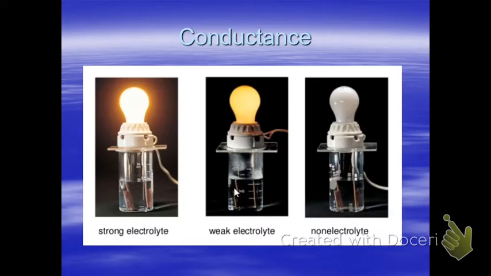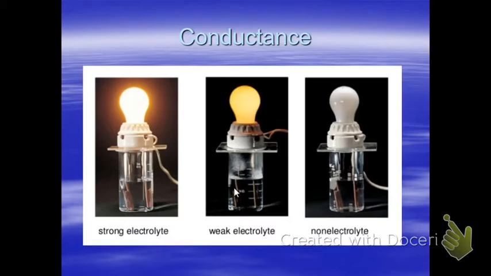That is because whatever's down in that beaker, that solution, contains a ton of ions floating around. An example of a strong electrolyte would be something like table salt, NaCl. Table salt dissolves in water and releases a ton of ions into the water.